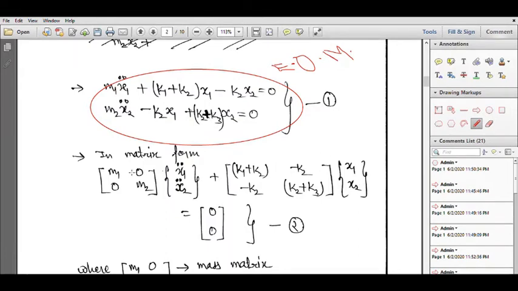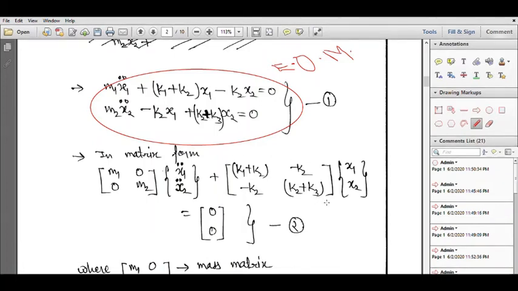So I have taken one matrix m1 0 0 m2 multiplied by a column matrix x1 double dot and x2 double dot, plus the matrix k1 plus k2, minus k2, minus k2, and k2 plus k3. These are the 4 elements of the matrix.